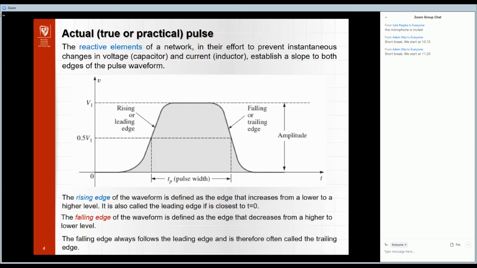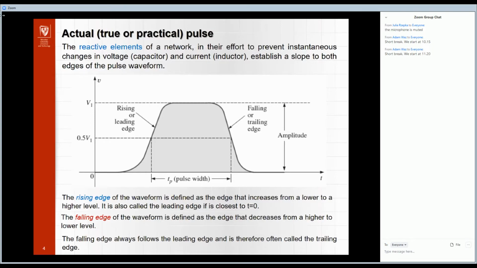Of course, we can, for example, change the PCB design to control this, but in practice, especially when we increase the frequency, we expect that we have not an ideal pulse, but a pulse like this.